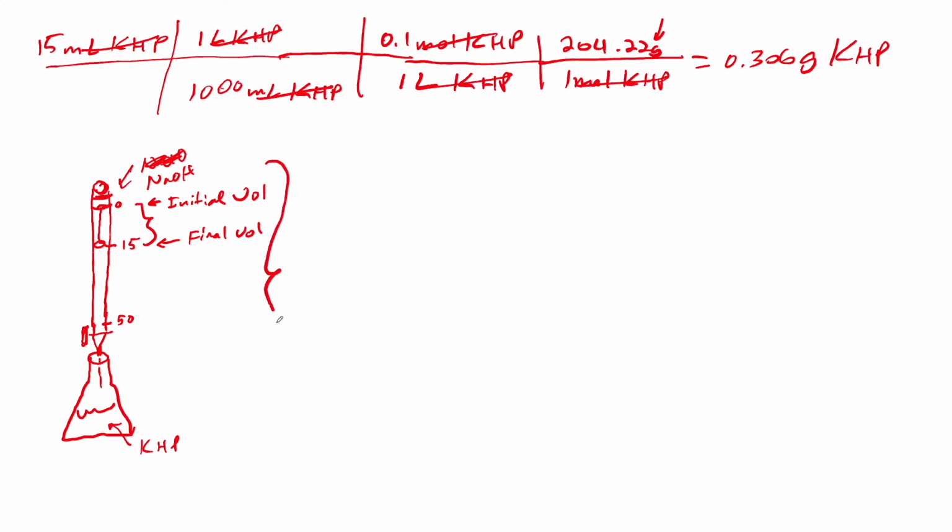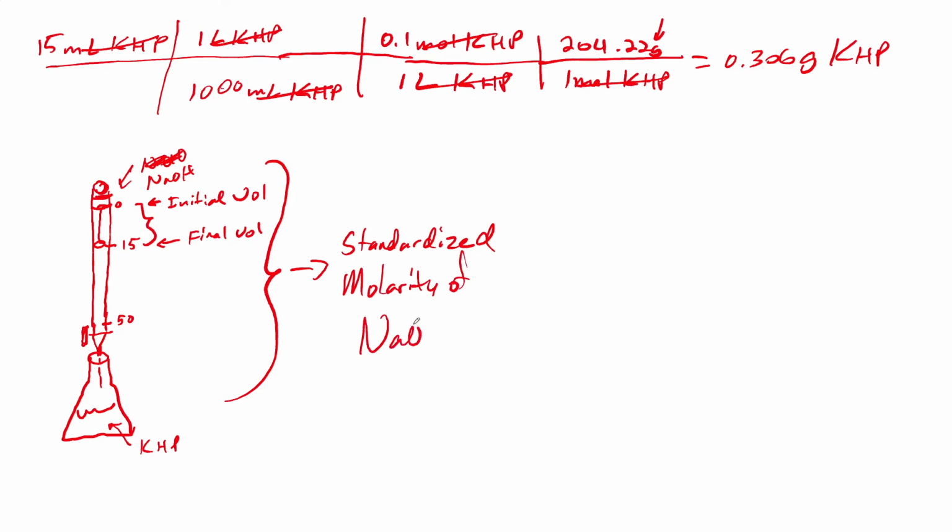Make sense? Okay? And that will give you this right here. This is part 1, and this gives you the standardized molarity of NaOH. Make sense? Because you need that. Now that you have the standardized molarity of NaOH, or sodium hydroxide, you're going to do this thing again.